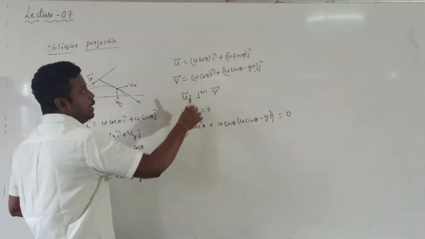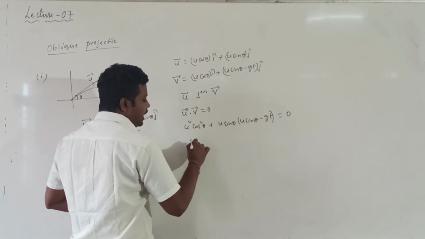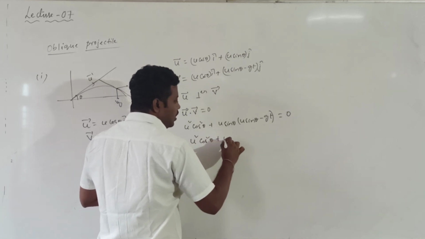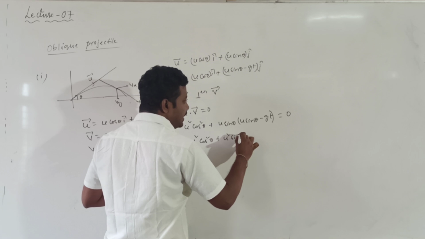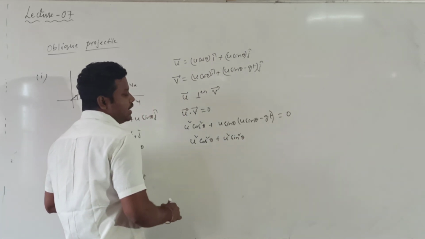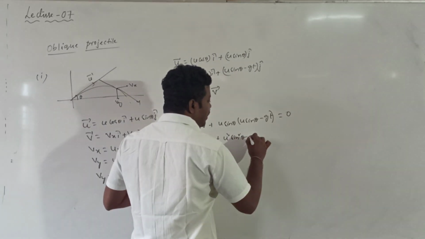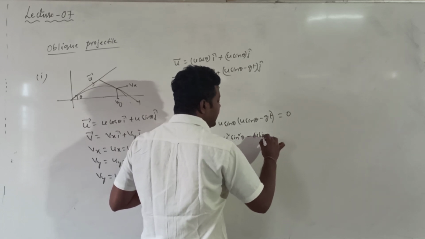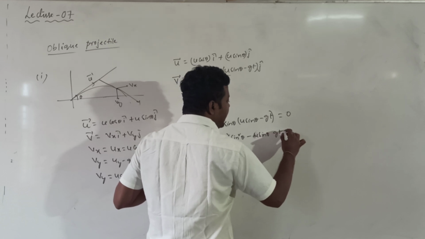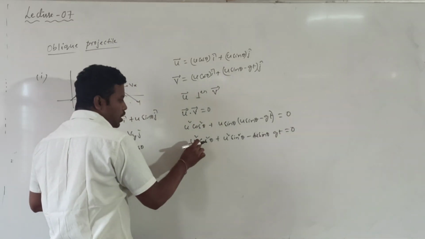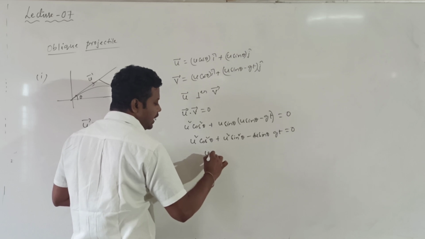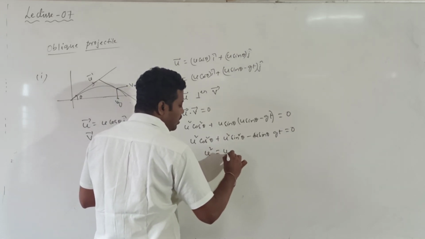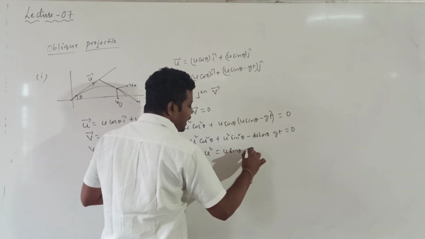So we get u square cos square theta plus u square sin square theta, then minus u into sin theta into g into t, equal to 0. Taking u square common, cos square plus sin square becomes 1. Therefore u square is equal to u into sin theta into g into t.